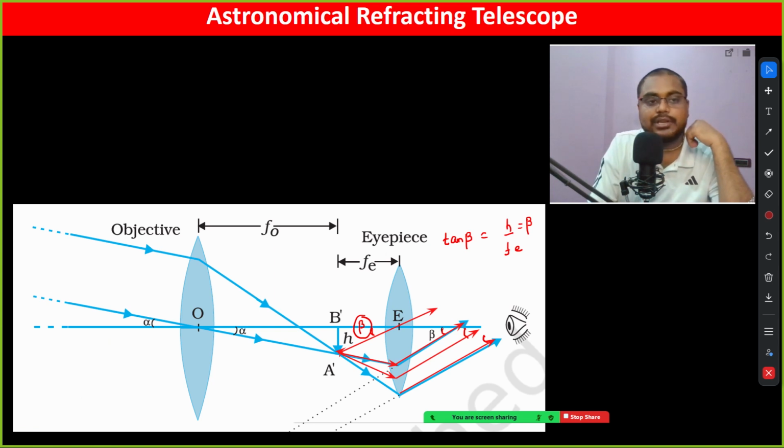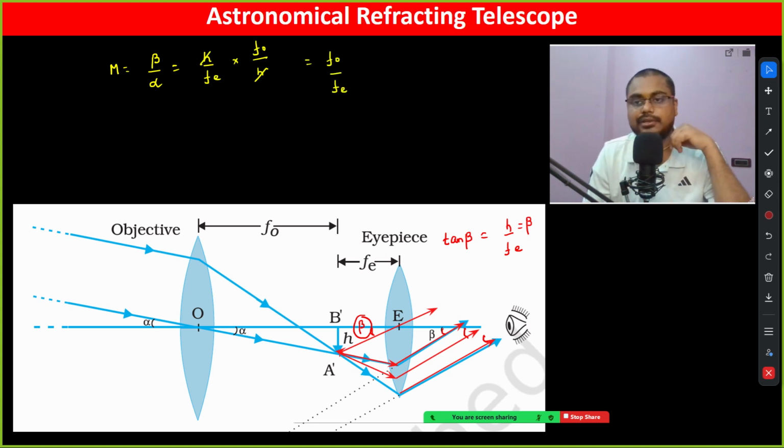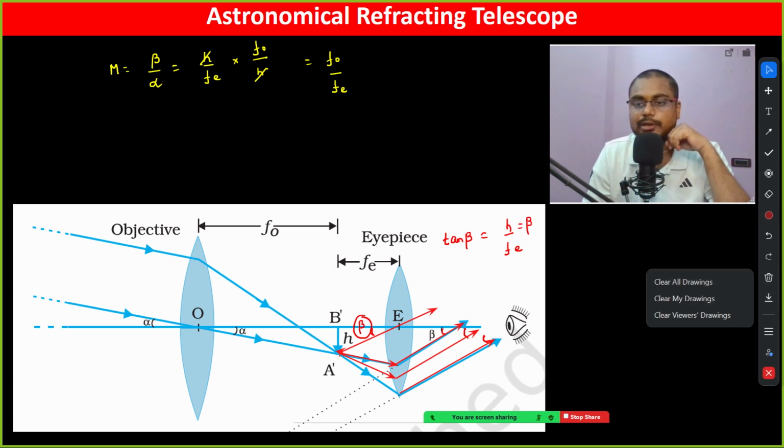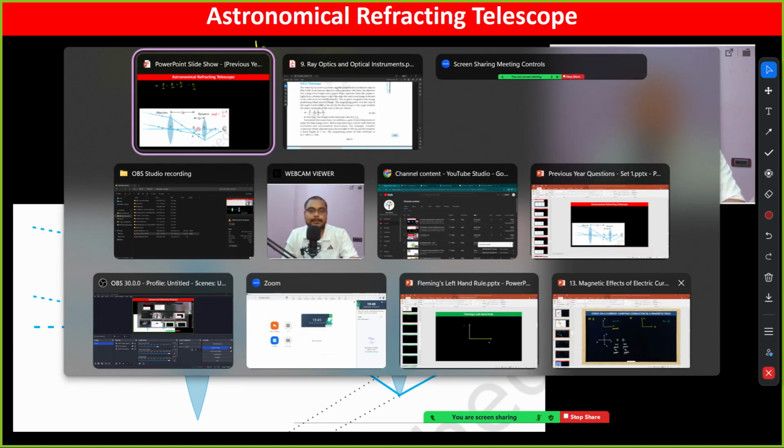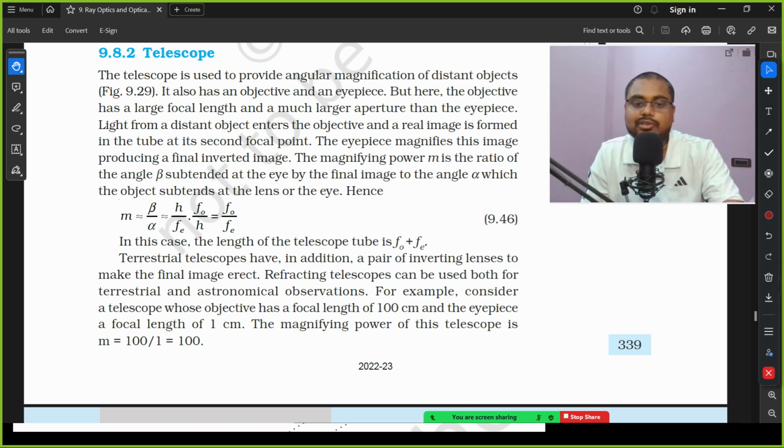Now the magnification becomes beta divided by alpha, so this is h by Fe into alpha, which is h by FO. So h is gone, and therefore the magnification is FO by Fe.